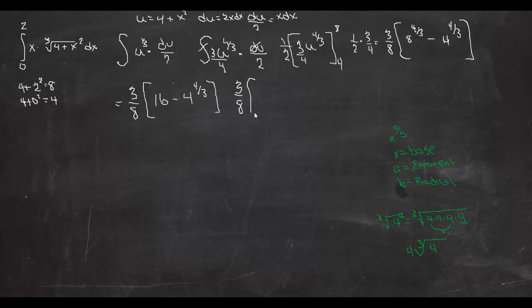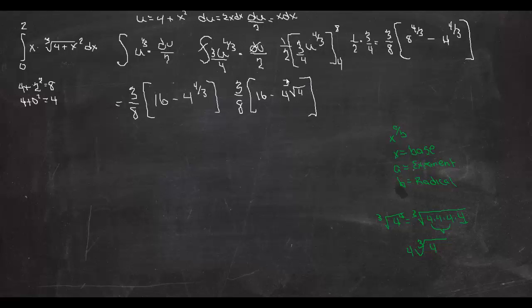All right, so we're just going to go ahead and rewrite this. 16 minus our new term that we found, which was 4 times the cube root of 4. Not that. That's the same thing. Let's go ahead and erase that. And we're going to put 4 and 3/4.